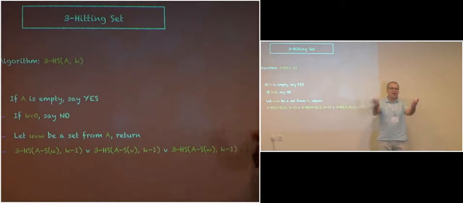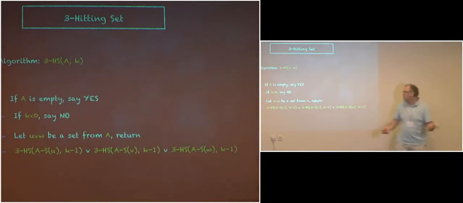I know that at least one of the elements of this hyperedge should be in my hitting set. So I branch into 3 subproblems, and in each subproblem I guess which of the elements goes there. When I guess which element goes into the hitting set, I also remove all sets which contain this element, because they are already hit.